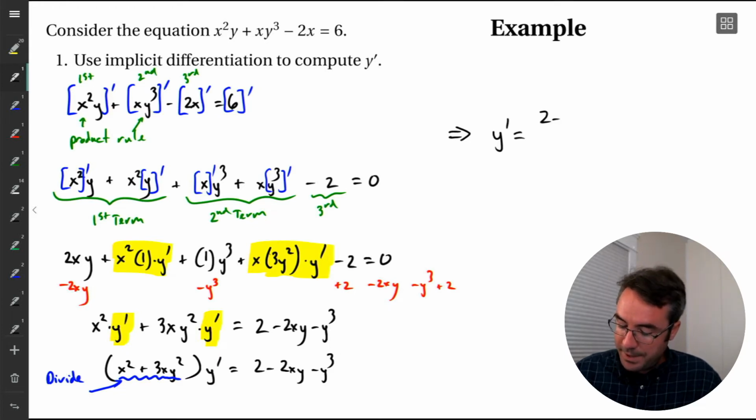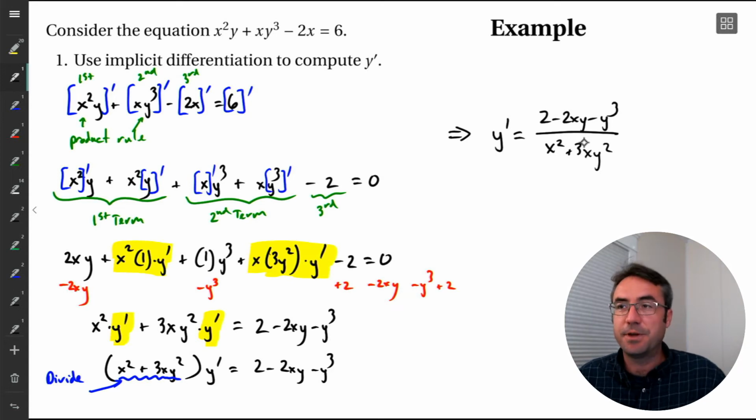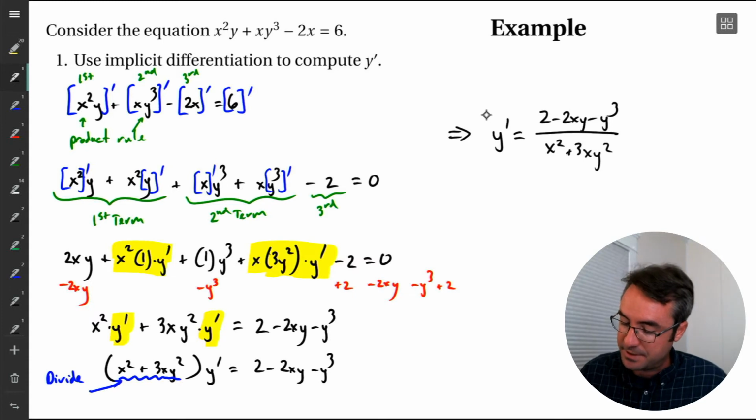We'll have 2 minus 2xy minus y cubed, and then we're going to divide by x squared plus 3xy squared. And so there's our derivative. And sometimes there might be some ways to simplify this, but this is pretty good. So we're going to leave this.